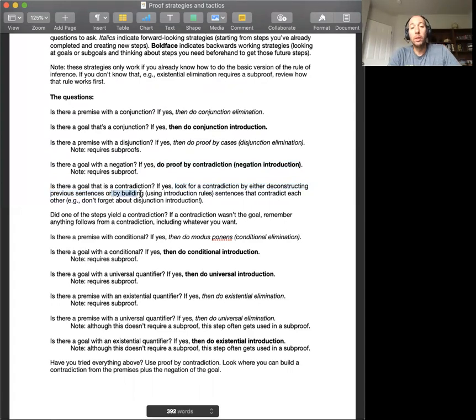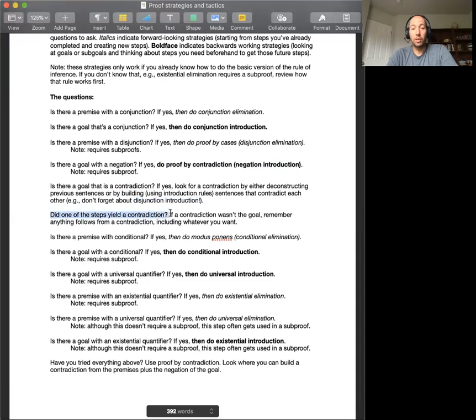Or sometimes we build contradictions using introduction rules, right? Using either conjunction introduction or perhaps conditional introduction. You can sometimes build sentences up that then will contradict each other. Don't forget, of course, about disjunction introduction. If you've got a claim, you can always add a disjunction with an additional claim.